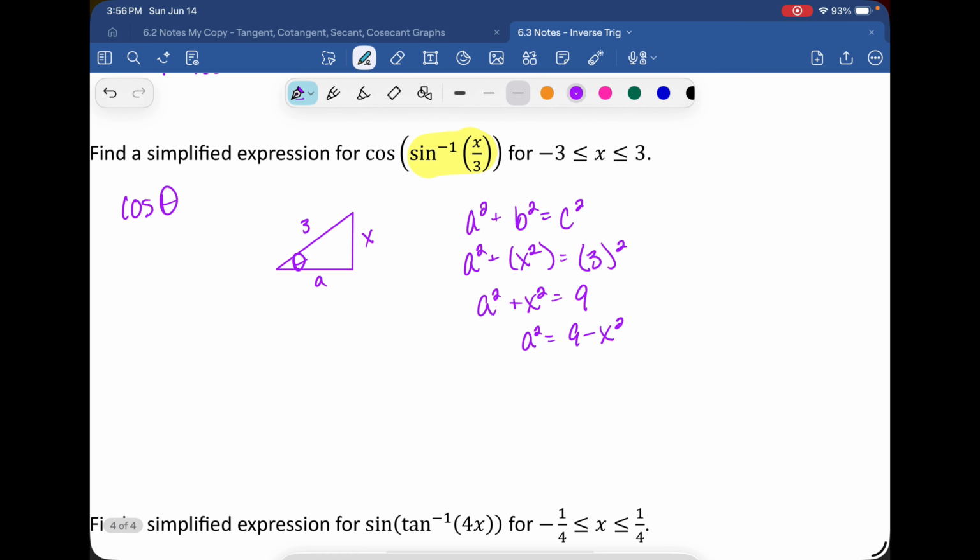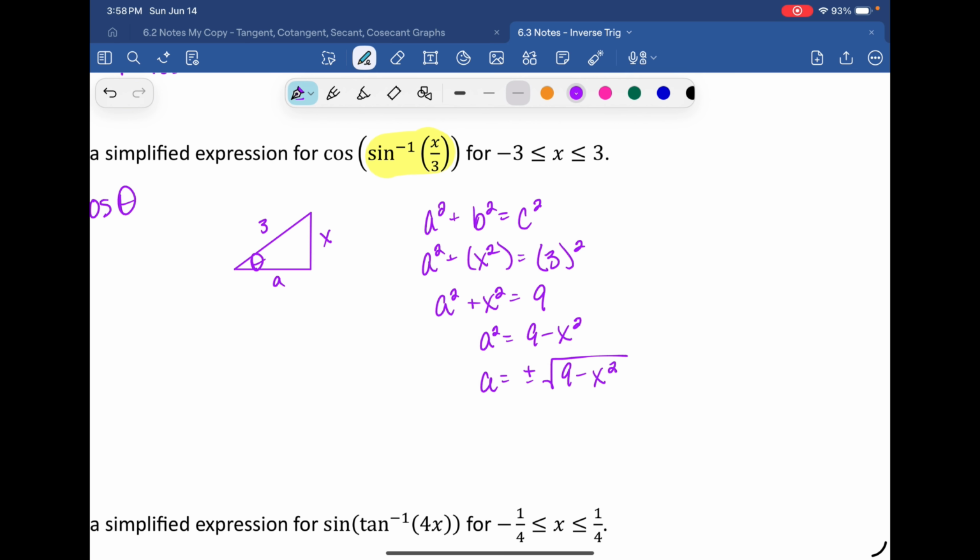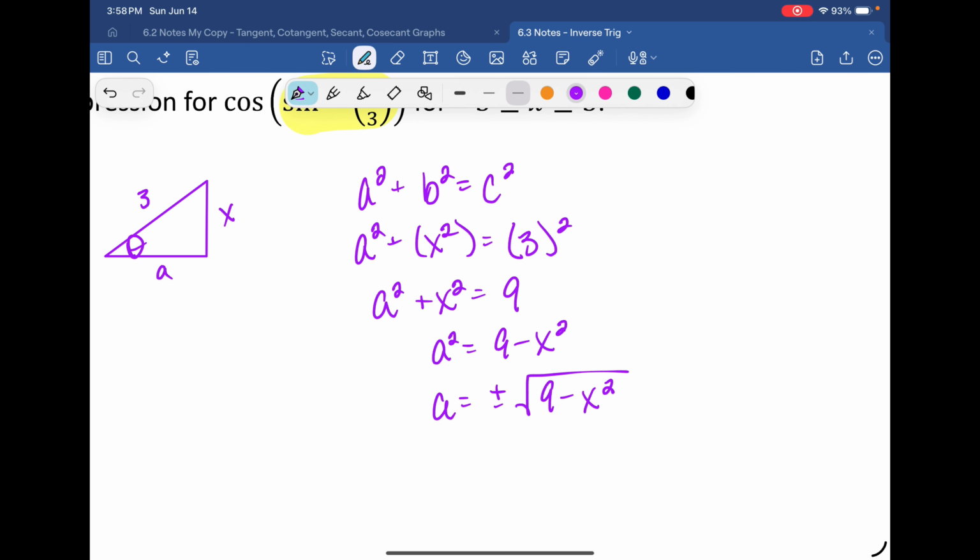Take the square root. Now I've got to figure out, is it positive or negative?